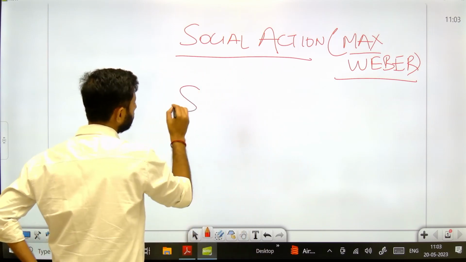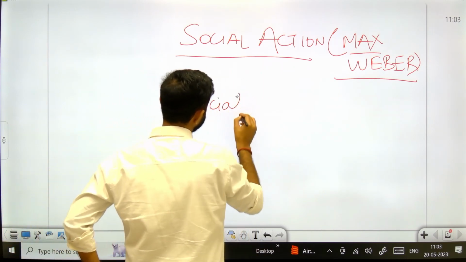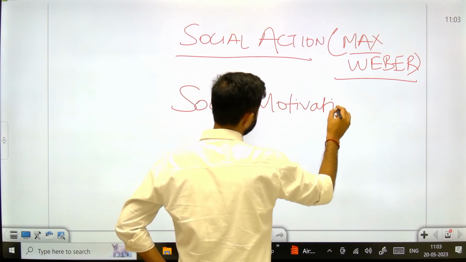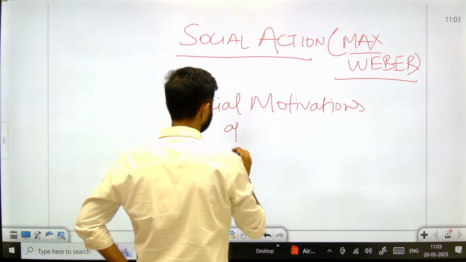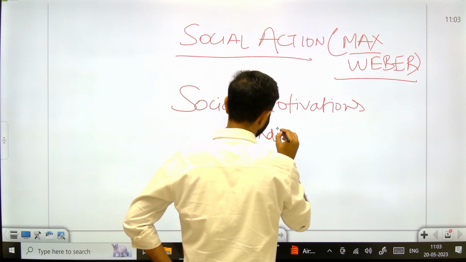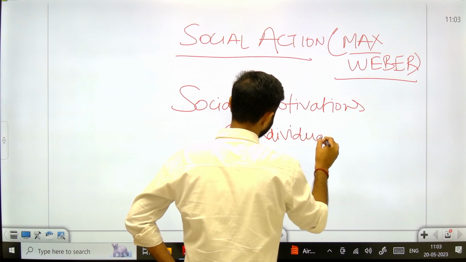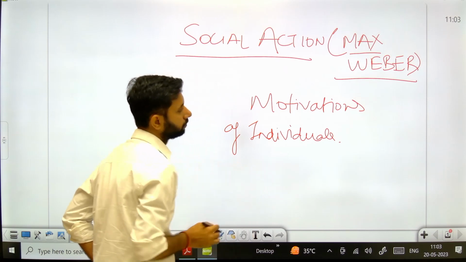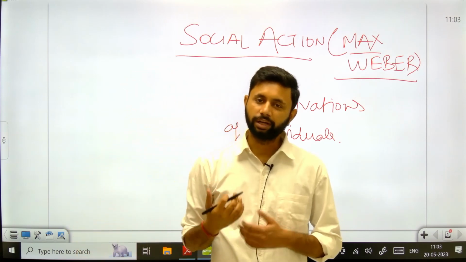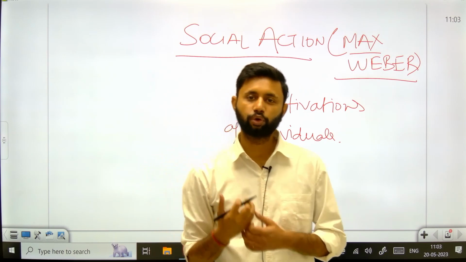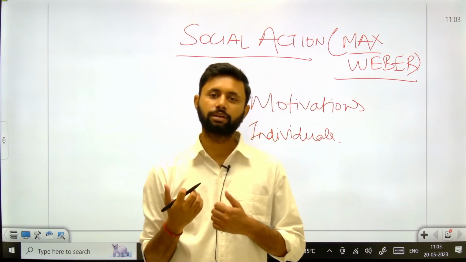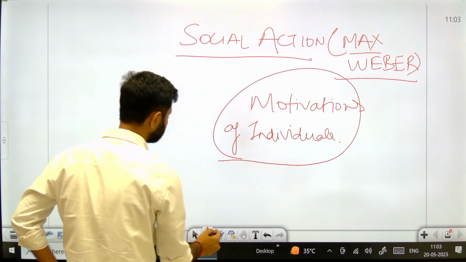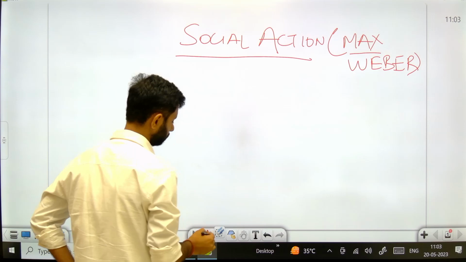The action which the individual is taking, the action which the group is taking, the action which the government is taking is based on their motivations. Let's understand this through examples.